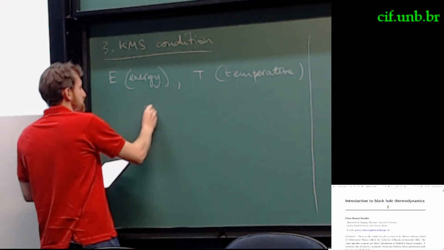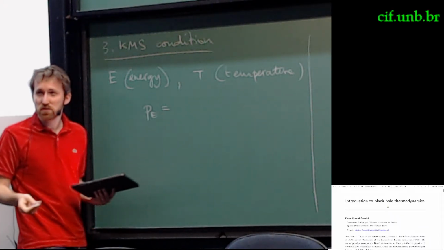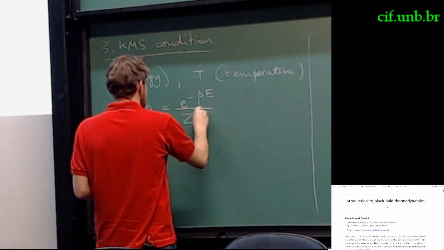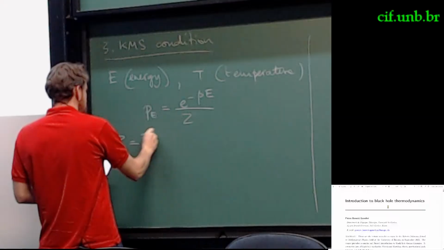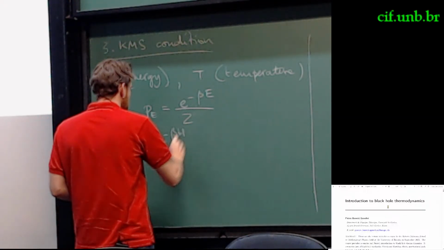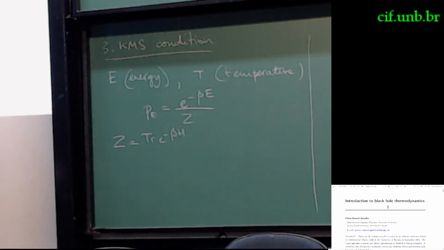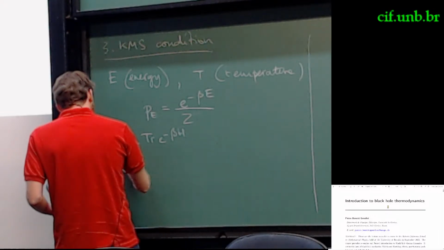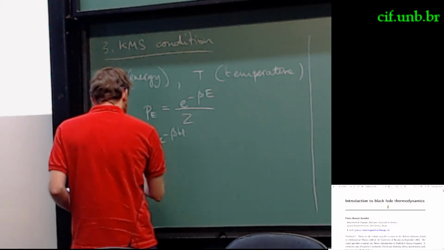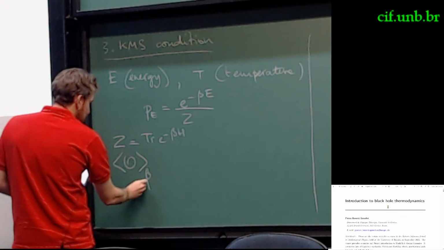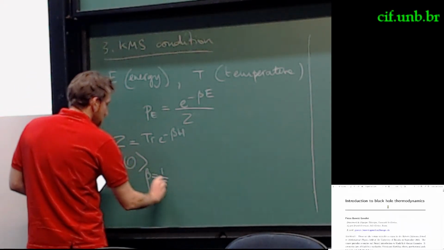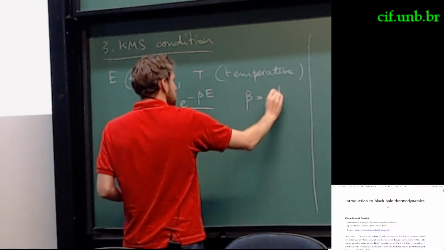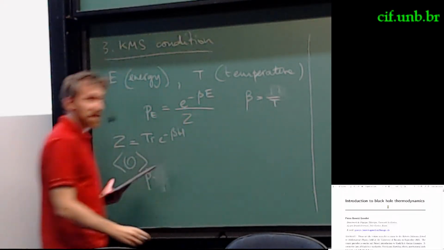The probability that you are in a pure state with energy E is the Boltzmann weight, where Z is just a normalization factor that guarantees that the probabilities sum to 1. The expectation value of an observable O in the mixed state, where beta from now on is 1 over T. Sorry, I didn't say it here. k is 1, remember?